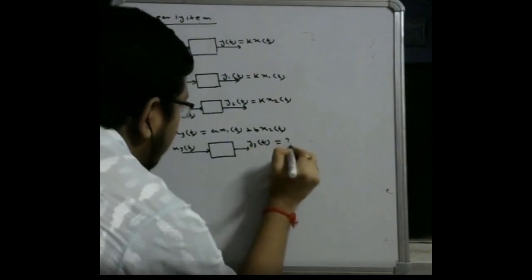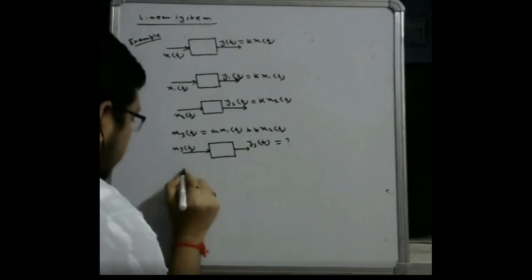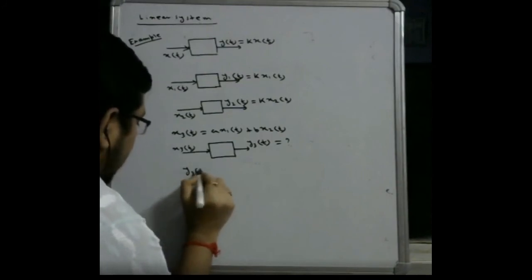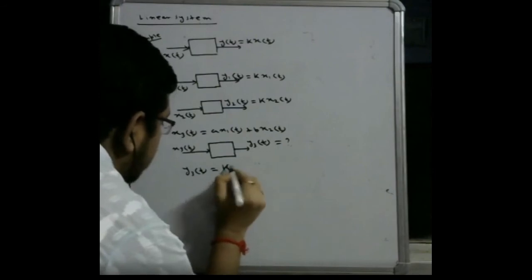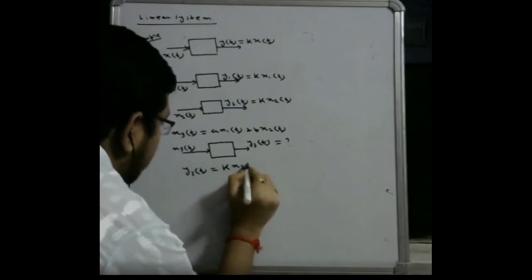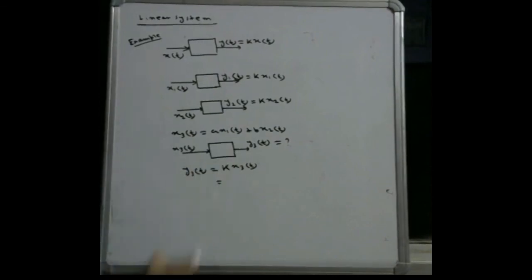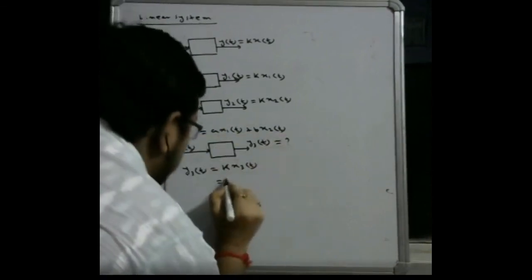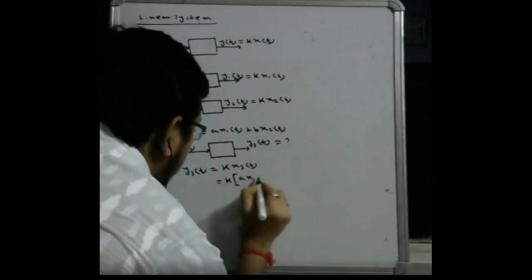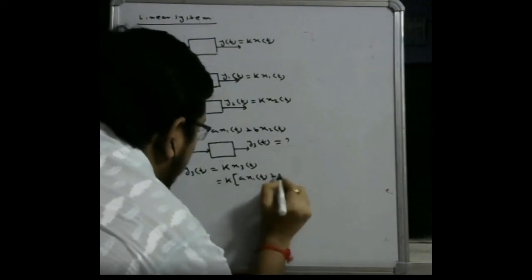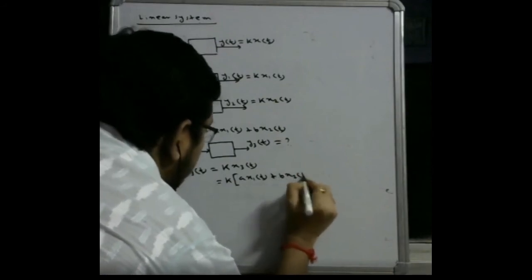Now we have to find out the expression of this y3(t). So y3(t), we can write, will be k times x3(t). Now put the expression of x3(t), that is k into a x1(t) plus b x2(t).